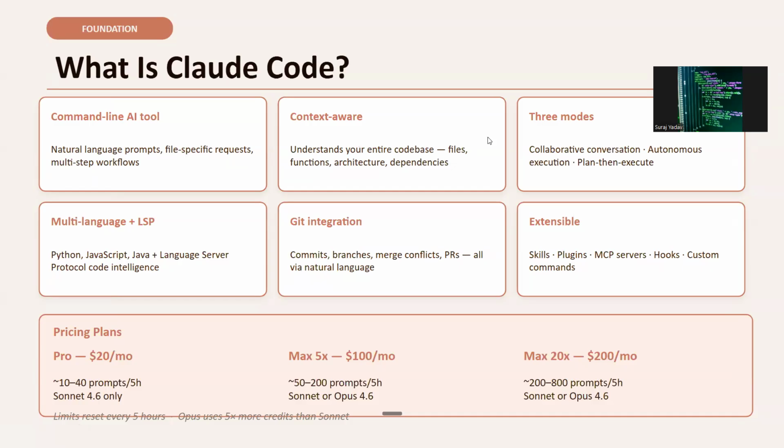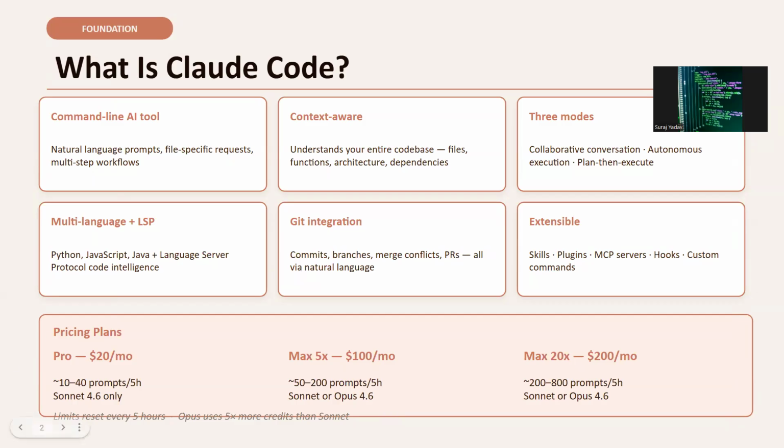You have three operation modes, which we'll cover in the next slide. Multi-language support with language server protocol intelligence, native Git integration, and highly extensible through plugins. You'll understand the difference between plugin, skill, hook, and of course the MCP server.